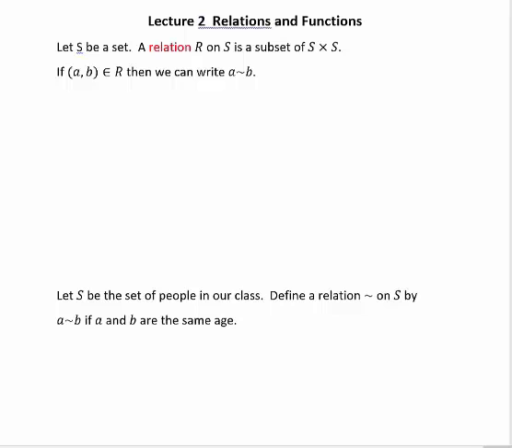Let S be a set. A relation, R, on S, is a subset of S cross S, that is the Cartesian product of S with itself.